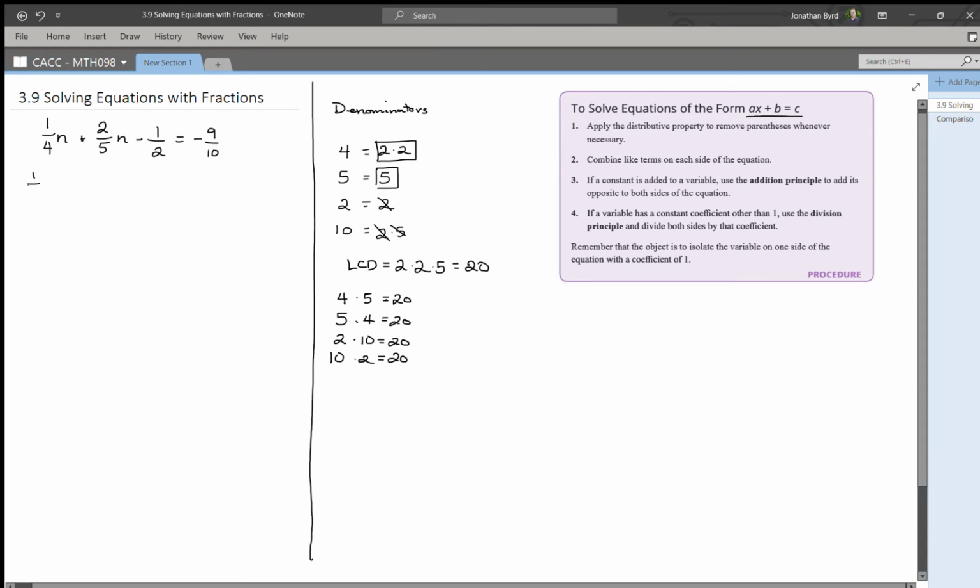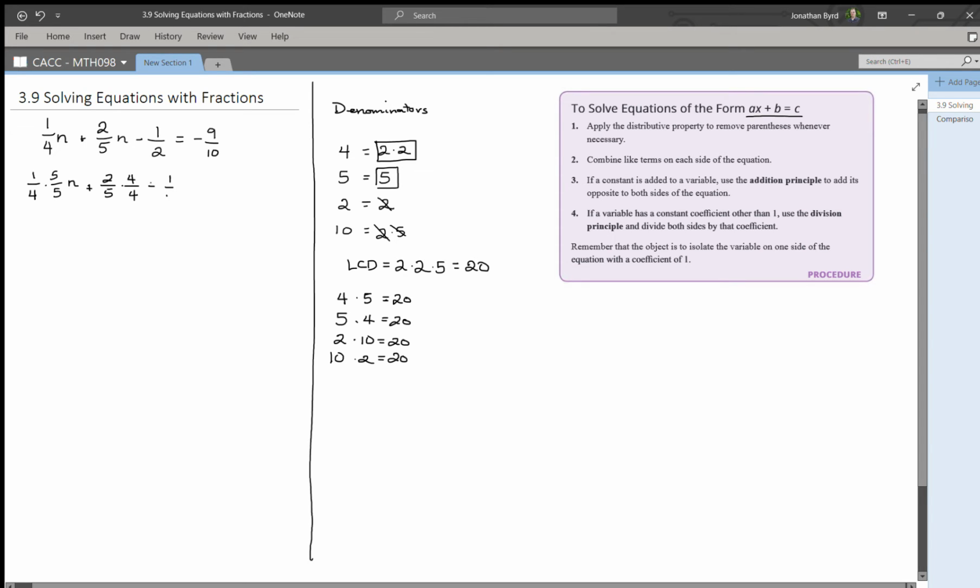All right, so 1/4, I need to multiply by 5. I need to multiply the 4 by 5 to get to 20. And if I'm multiplying the bottom, I also need to multiply the top. And then this n, I can just leave hanging out in the back. 2/5, I need to multiply 5 by 4, so I put a 4 on bottom and also a 4 on top.